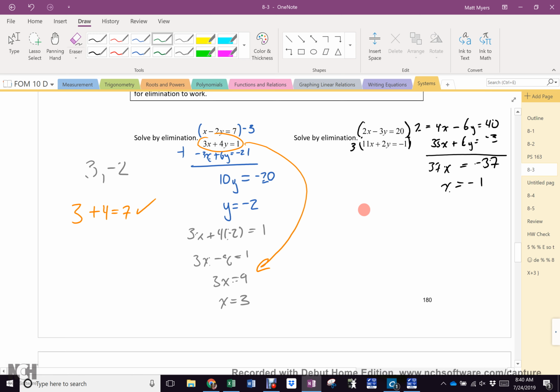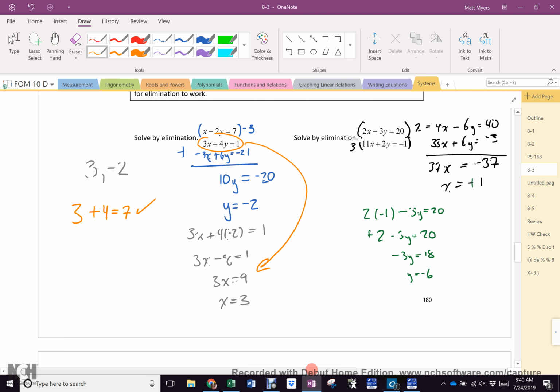Top one, okay. 2 times negative 1 minus 3y equals 20. Negative 2 minus 3y equals 20. Then what? Sorry, we're adding. It's a positive 2, isn't it? So negative 3y equals 18. y equals negative 6.